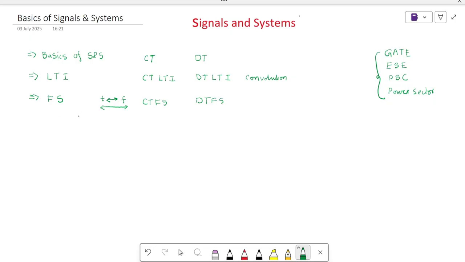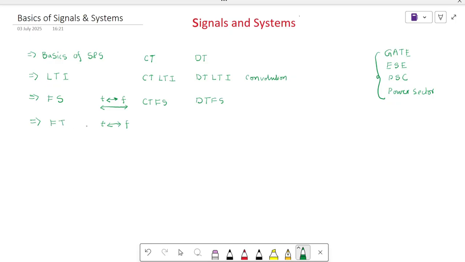Then in the next chapter, again we are going to learn conversion from time to frequency and frequency to time. This technique is called Fourier transform.